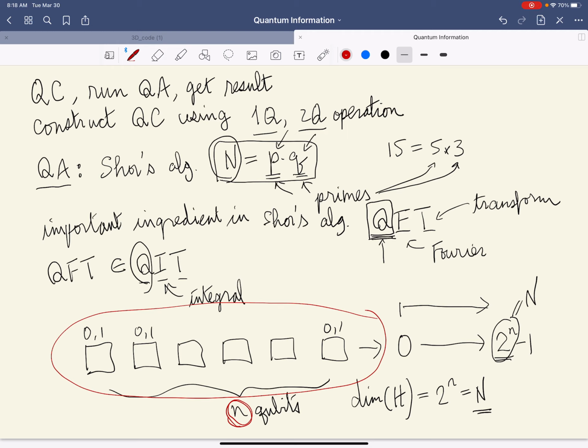To solve this factorization problem for integers that are incapable of being solved by a classical computer, you actually need an n on the order of 10,000 or even 100,000, and we're obviously very, very far away from that goal.